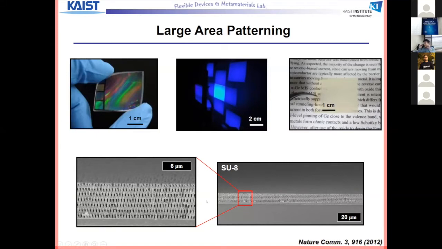They are not single holes; they are all interconnected in a certain symmetry. Here we can say this is body-centered tetragonal symmetry. So we are able to make this large-area, three-dimensional, ordered, porous polymeric structure. At this time, we claimed this was the world's largest man-made submicron ordered porous structure.